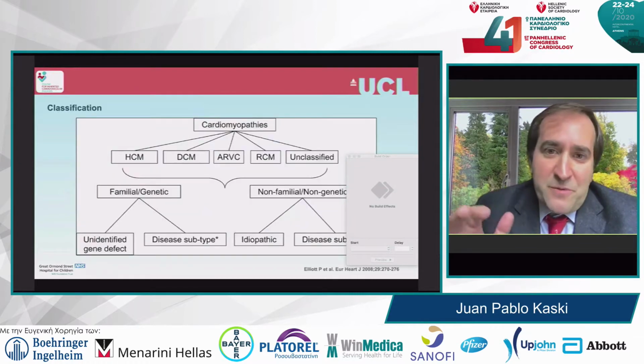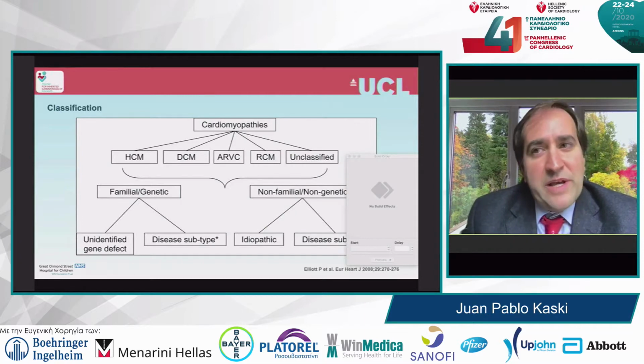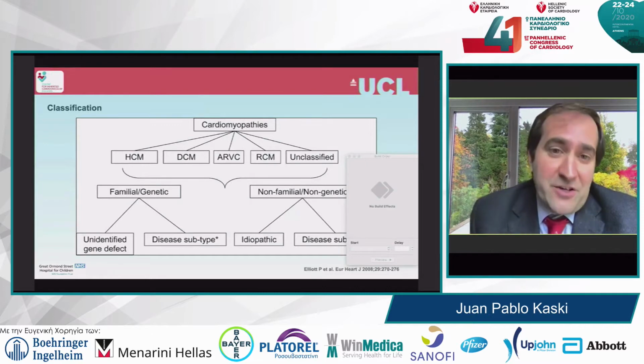So we define the cardiomyopathies in the pediatric population in exactly the same way that we do in adults. It's a morphological description of the heart. So hypertrophic cardiomyopathy, thick heart muscle; dilated, enlarged, baggy hearts with reduced function, and so on. And this is really the beginning of the diagnostic process.